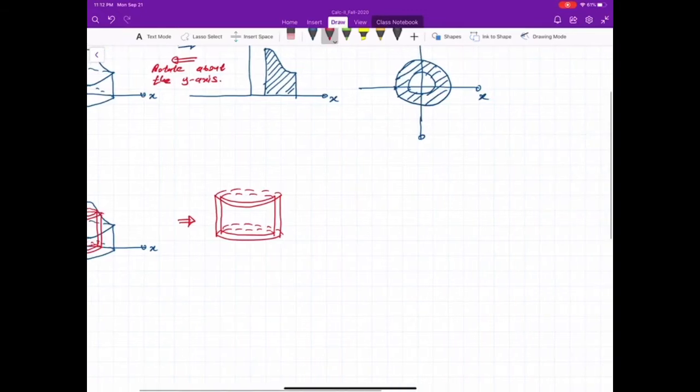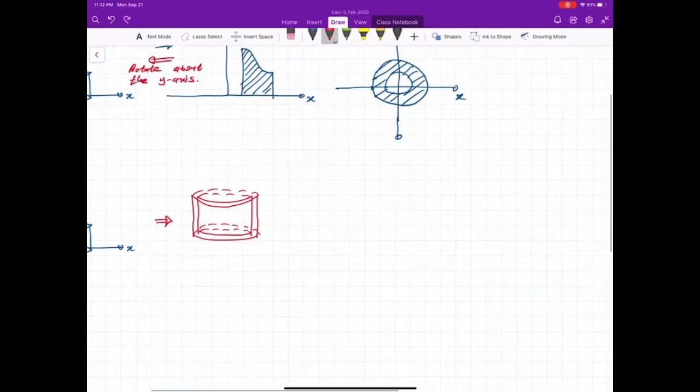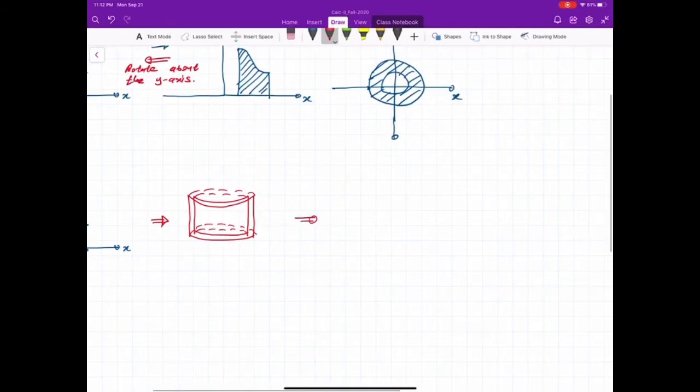All right, then what we do is we just cut the cylinder like that, then unfold it. If you cut and unfold it, you get a stripe like this. You get a long rectangular piece.